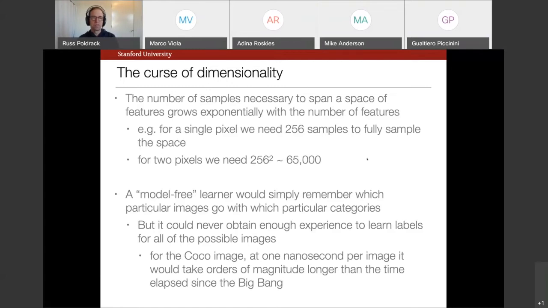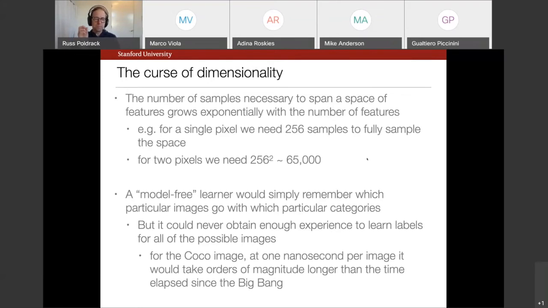So let's think about this. If we have a single pixel and want to fully sample the space of possible inputs for that pixel, we need, in principle, 256 different samples. For two pixels, we need 256 by 256 samples in order to see every possible value for those two pixels. And that goes up exponentially, right?